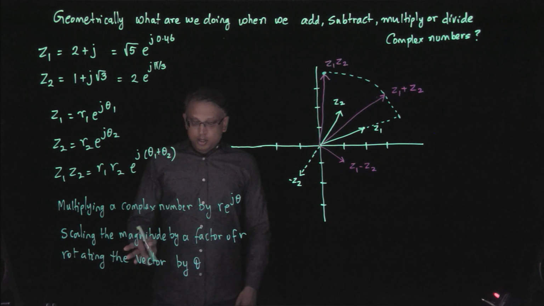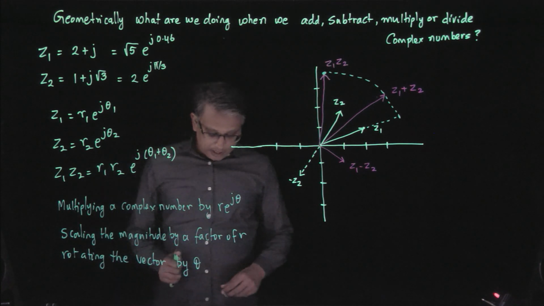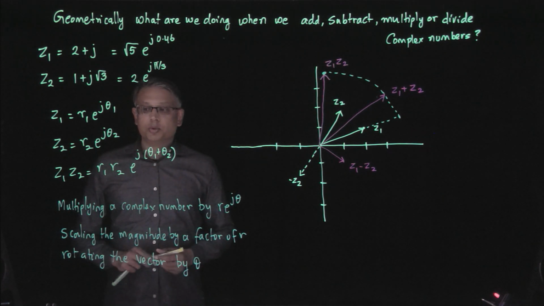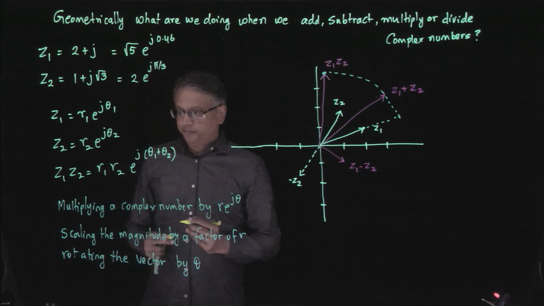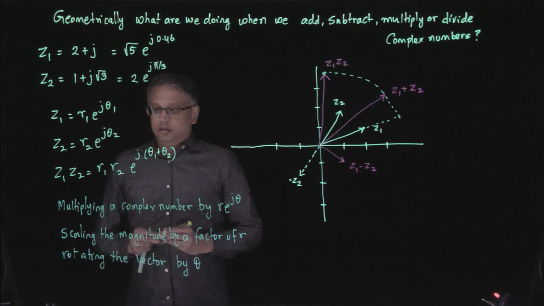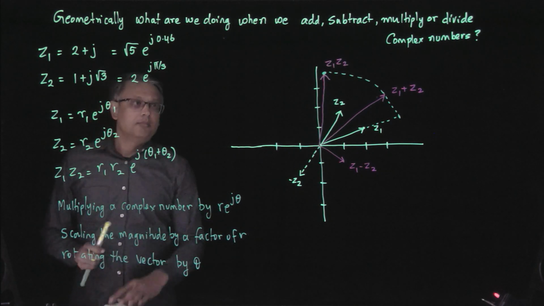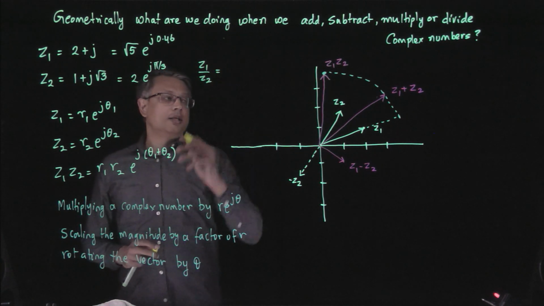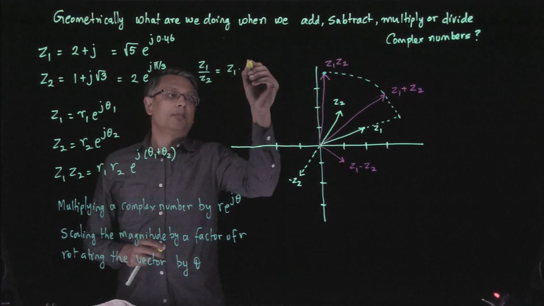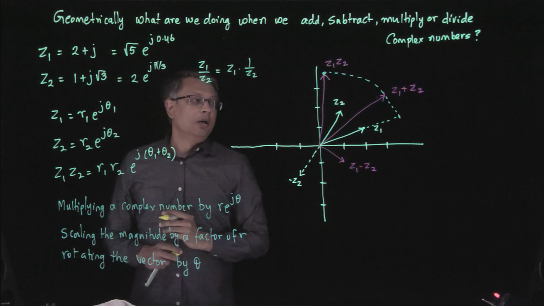Okay. It will be useful to build this geometric intuition for what happens when you are multiplying two complex numbers. So how about dividing two complex numbers? What happens when you have to divide z1 by z2? We can think of z1 divided by z2 as z1 being multiplied by 1 over z2.